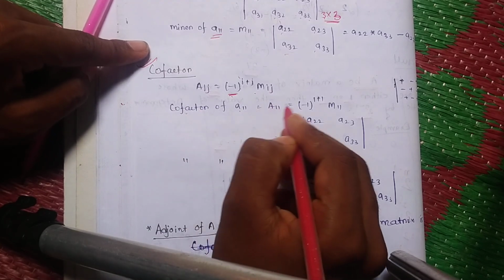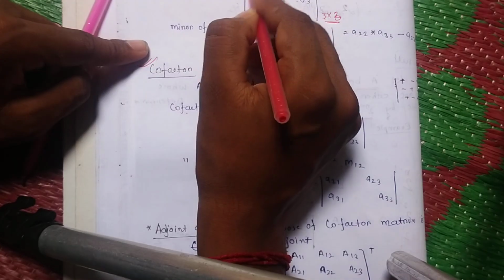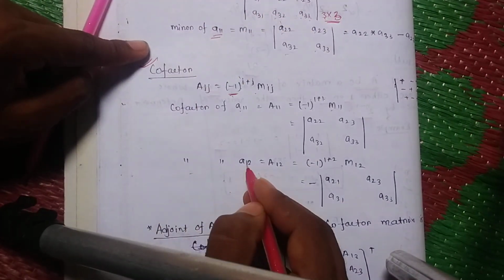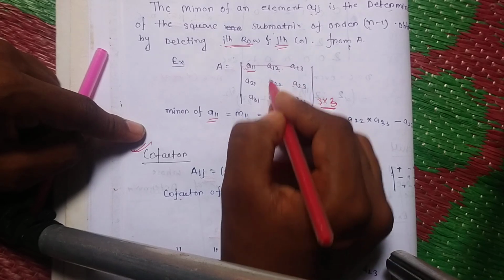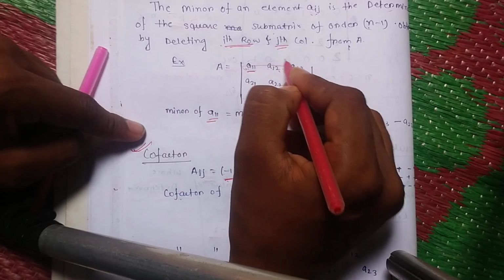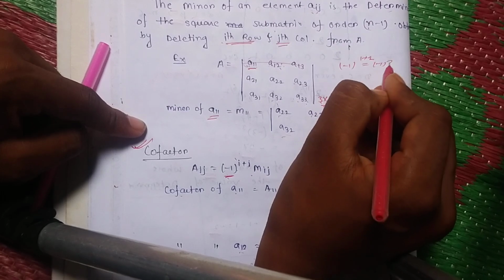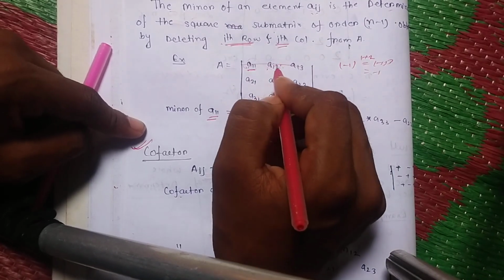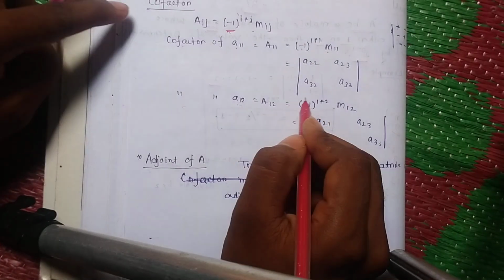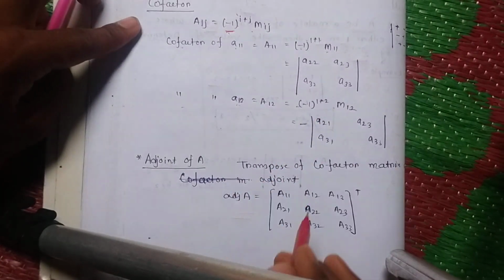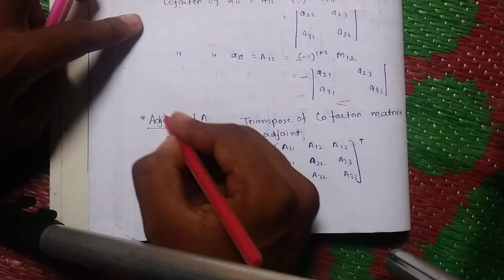Cofactor of A11 means minus 1 power 1 plus 1, so plus the minor of the first row. For the cofactor of A12, minus 1 power 1 plus 2, which is minus 1 power 3, so minus 1 into its minor. So you can see minus 1 and its minor, and this is our actual value, and so on. You can find all of these.